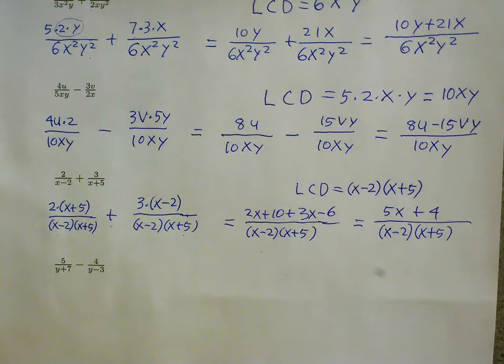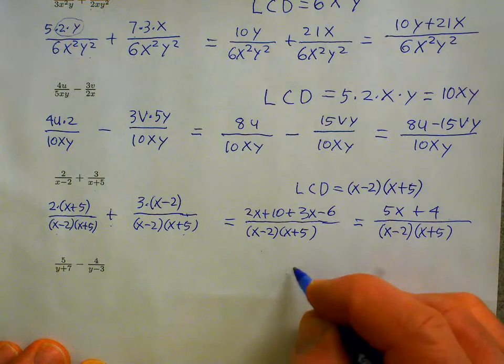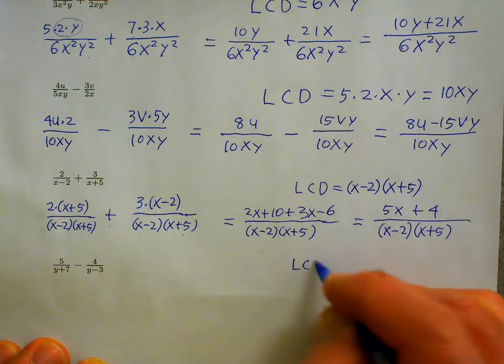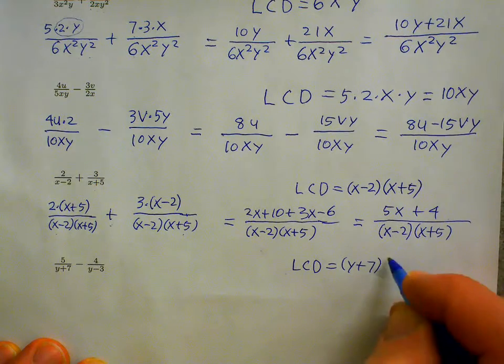And the next one, we have a difference of two rational expressions. The denominators are binomial factors. The least common denominator is just y plus 7 times y minus 3.